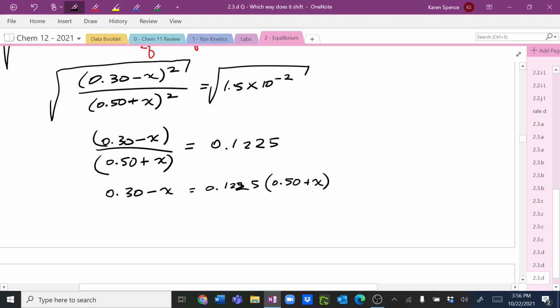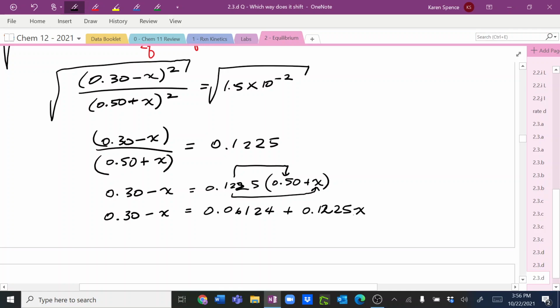This times this here is 0.06124, plus this times this gives you 0.1225x.